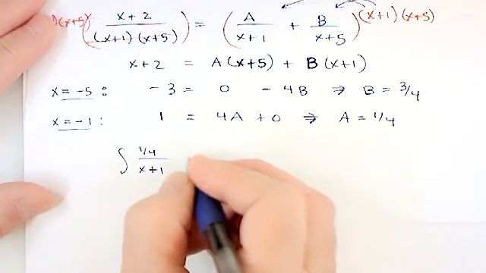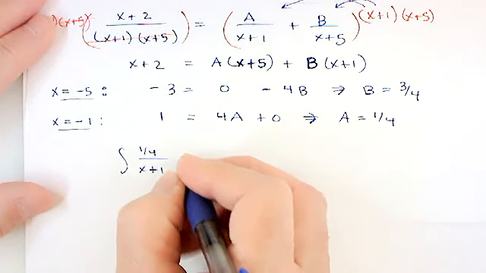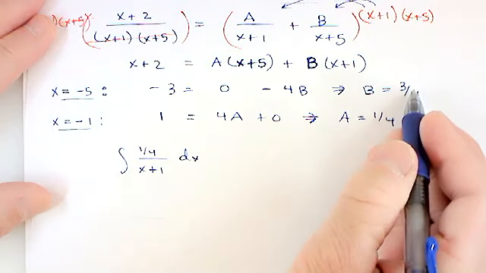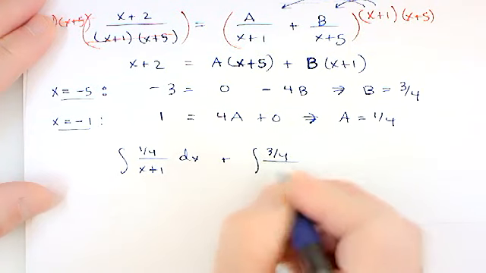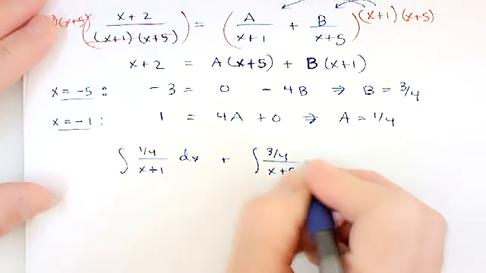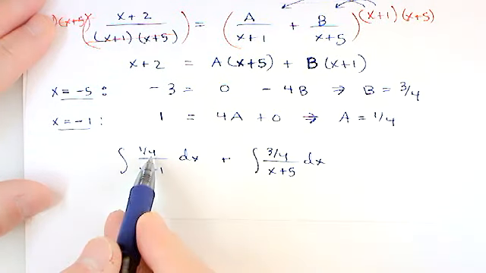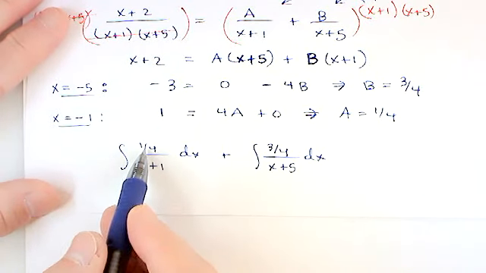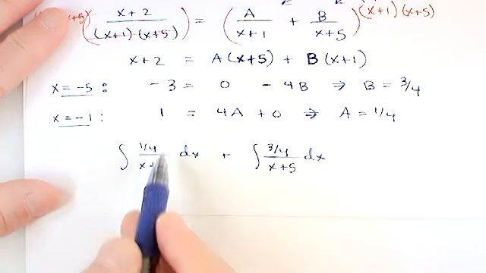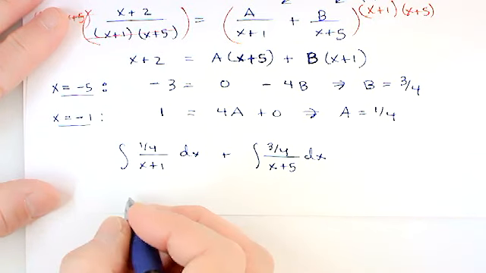And you could do this as two separate integrals if you want. Maybe I'll do it that way. And then b is 3/4 over x plus 5. Each of these, hopefully you've got enough practice now with integrals. If you factored out the 1/4 from here, you'd be left with 1 over x plus 1.